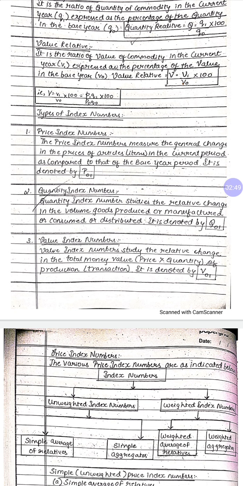Quantity index number takes the changes only in the quantity. Value index number is where price and quantity are put together, denoted by V0.